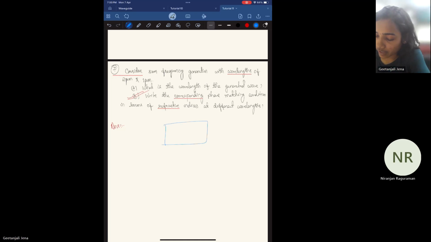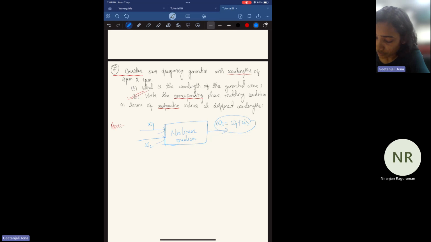Whenever we have a photon with frequency omega 1 and a photon with frequency omega 2 entering a nonlinear medium, if the medium satisfies the phase matching condition, then we will see omega 3, which is the summation of omega 1 plus omega 2. This is the sum frequency generation process.